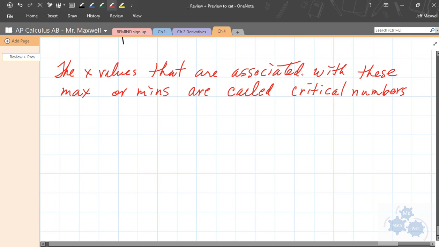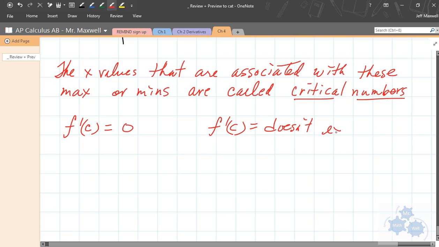So a critical number is defined as this: f prime of c, if that's 0, if the derivative is 0, then c is a critical number. Or if f prime of c does not exist, then that's a critical number. Okay. So critical numbers will be referred to quite often from now on.